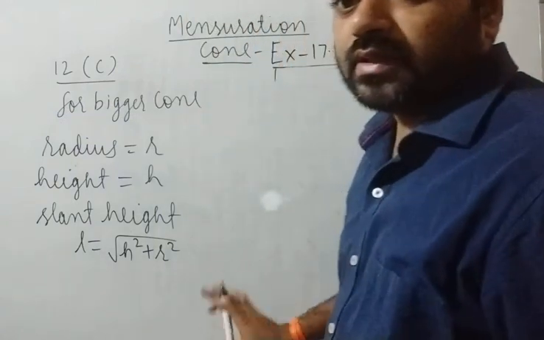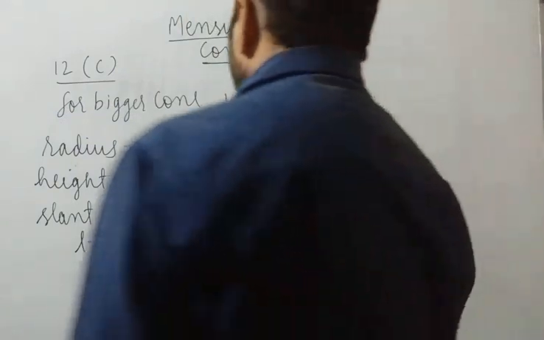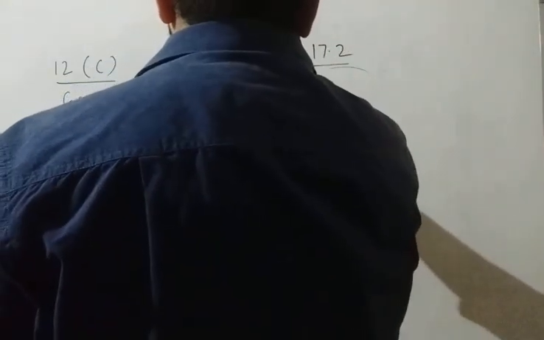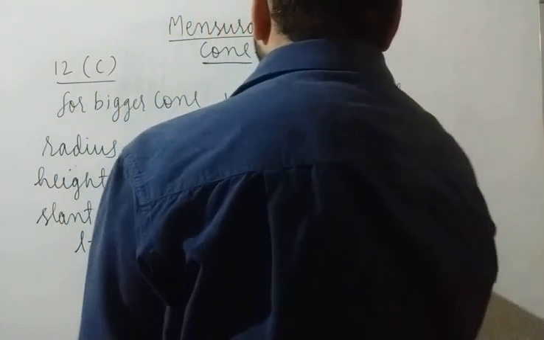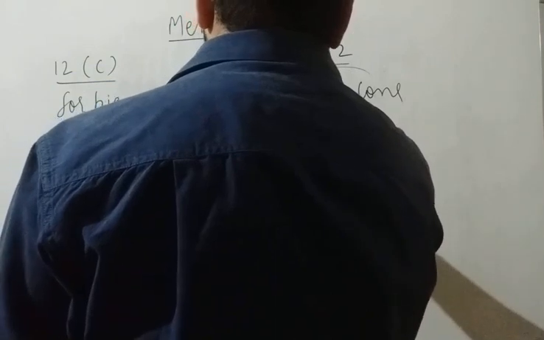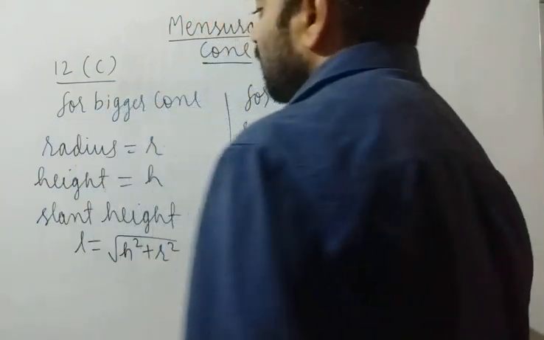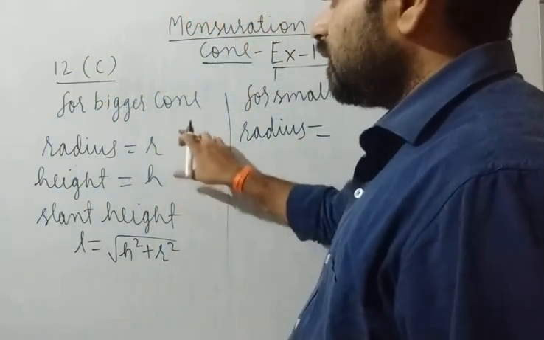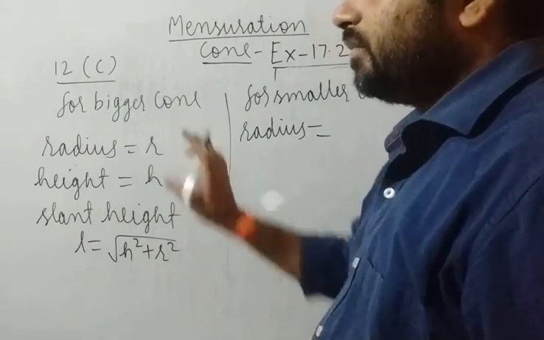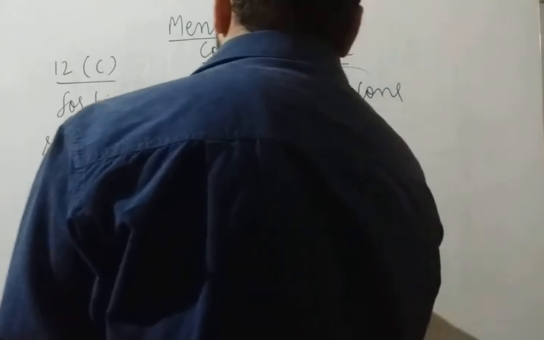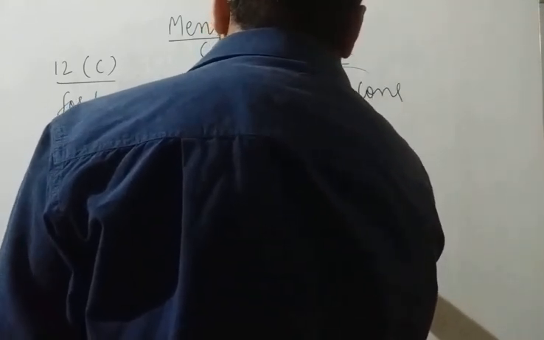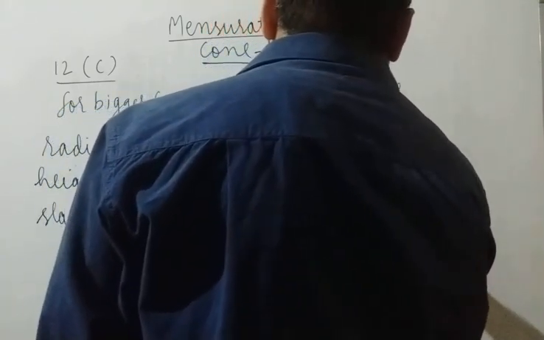Correct? These quantities. Next. And for a smaller cone, what is the relation given? Relation is radius and height are both half of the corresponding radius and height of the bigger cone. It means radius will be R by 2, height will be H by 2.